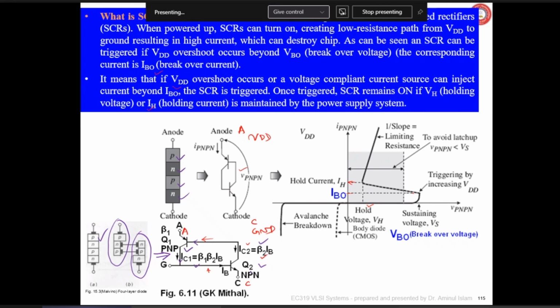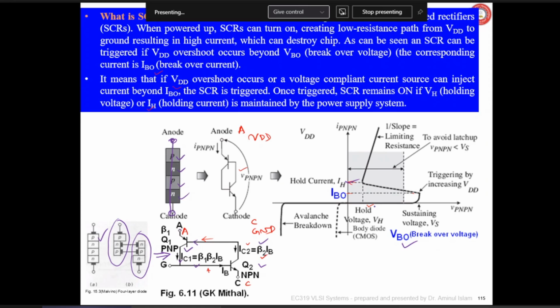This multiplication process and feeding back to the base of the other one is going to continue until a very low resistance path forms from this point to this point. Do you understand this point? For that, of course, you have to sustain some values like VBO, the breakover voltage, and the corresponding breakover current IBO, and the hold current IH. The hold current must be maintained.